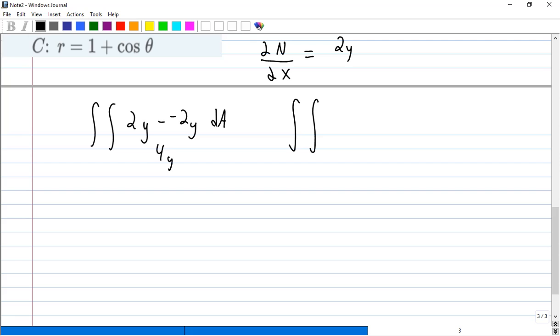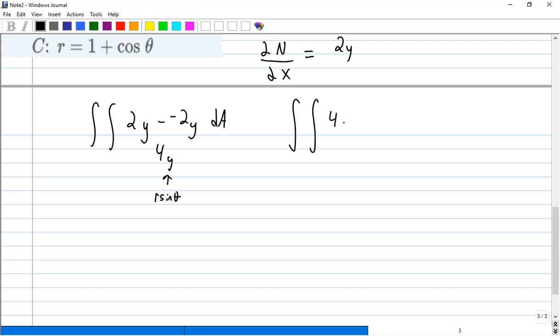So what is y equal to? r sine theta. So we're going to have 4 and then r sine theta times r dr d theta.